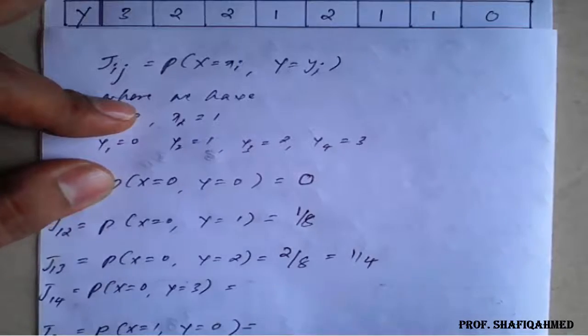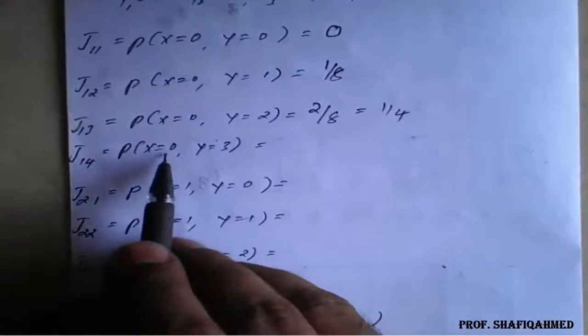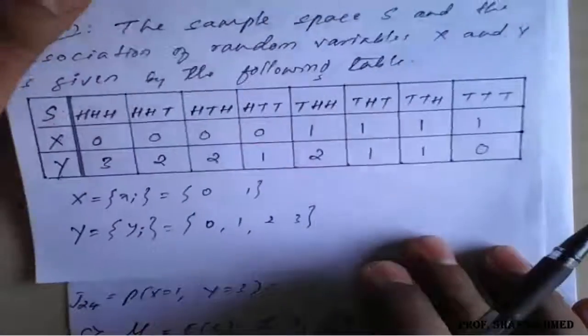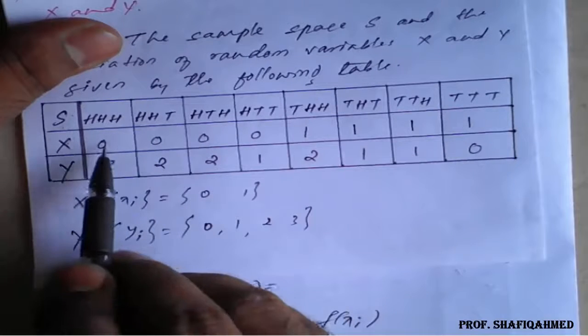Next, I need the answer when x is 0, y is 3. We have only one case out of 8, so 1 out of 8.